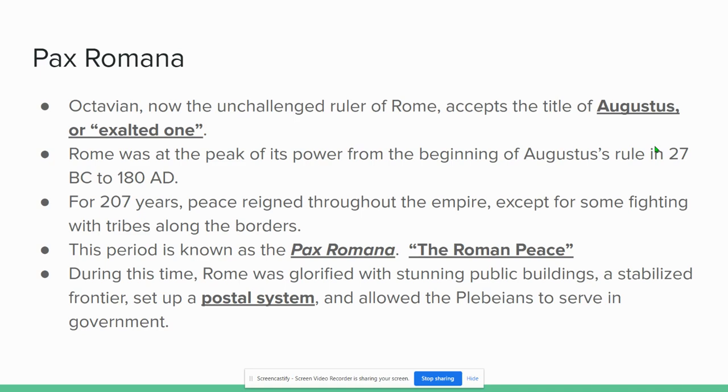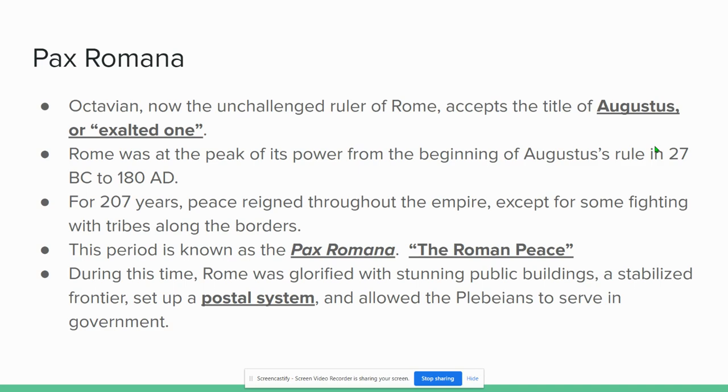So for this gap of about 207 years, we have this peace that reigned throughout the empire, except for a few fighting tribes along some of the distant borders of the Roman Empire. This period of peace is known as the Pax Romana, or the Roman peace.